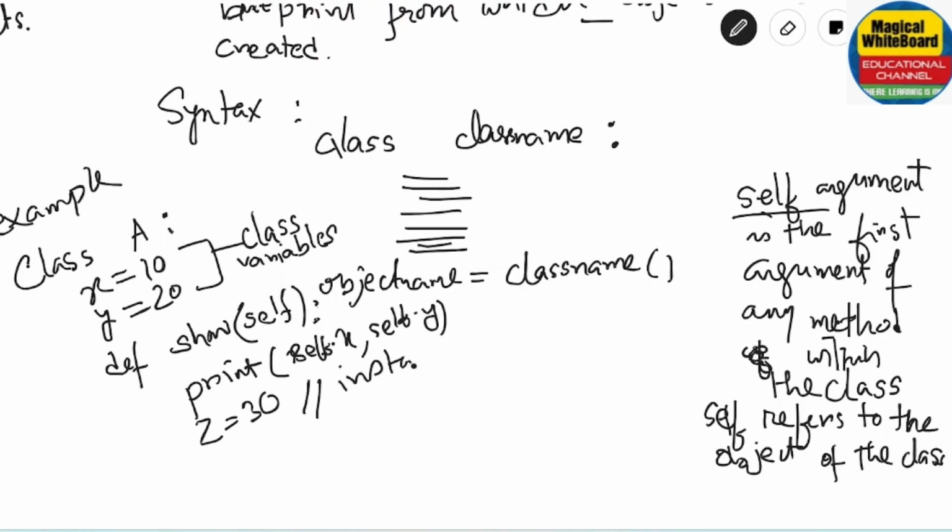Instance variables depend on the method, and different objects can take different instance variables, but class variables are the same for all objects. Suppose I want to print z, then there is no need to write self. You can write just z, as it is an instance variable. As x and y are class variables, you have to access them with self.x and self.y. But as z is an instance variable, we print it without self.